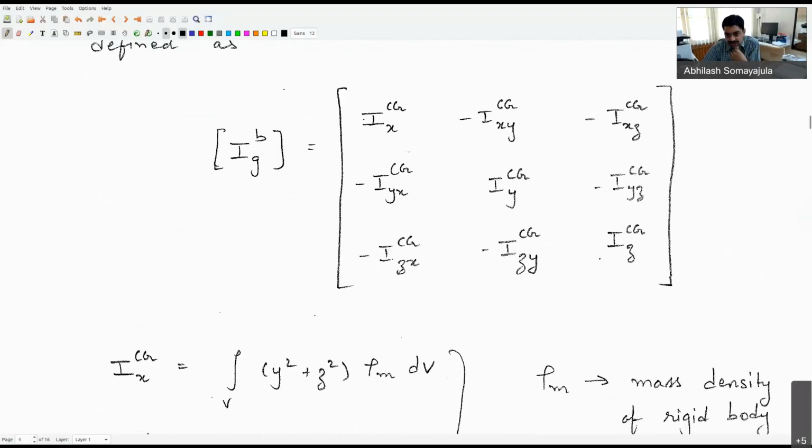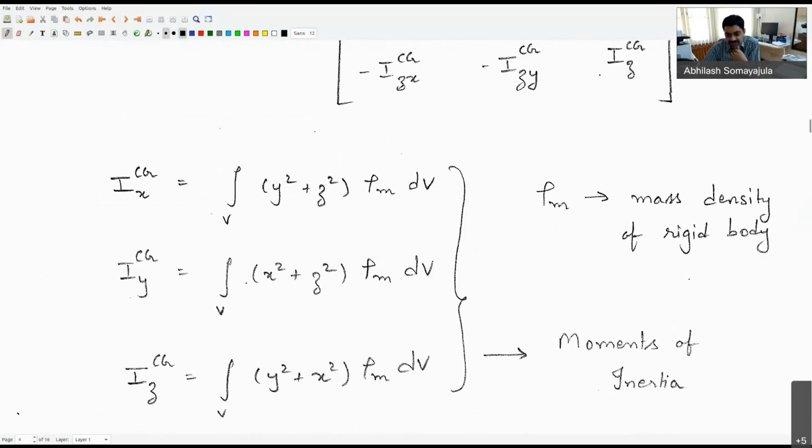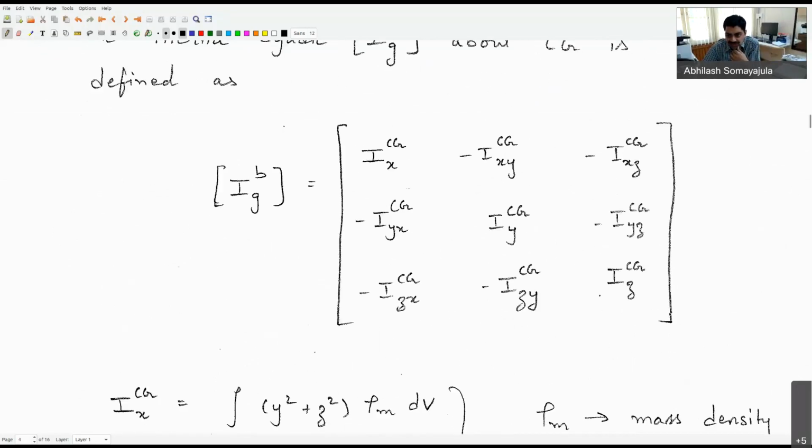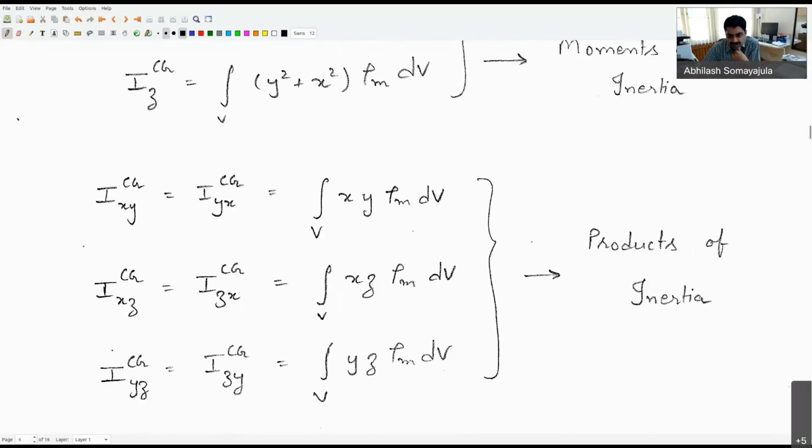So along the diagonal are what we call the moments of inertia, or the second moments of mass moments of inertia. And the off-diagonal items actually are symmetric in nature. So we have only 3 other cross terms, the products of inertia is what we call these. And their definition is listed here.